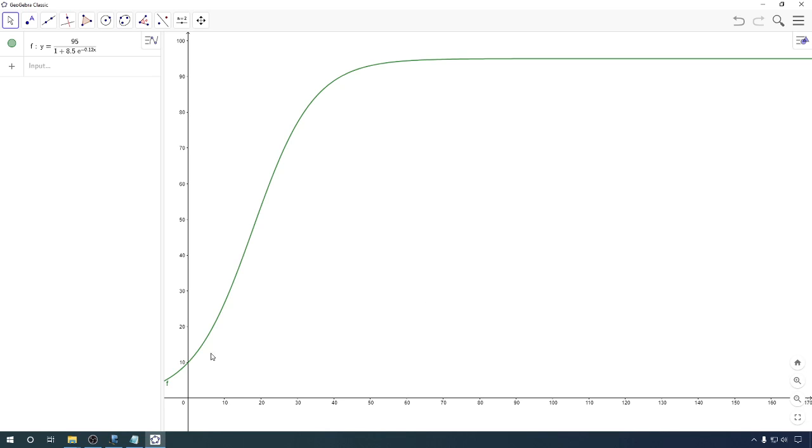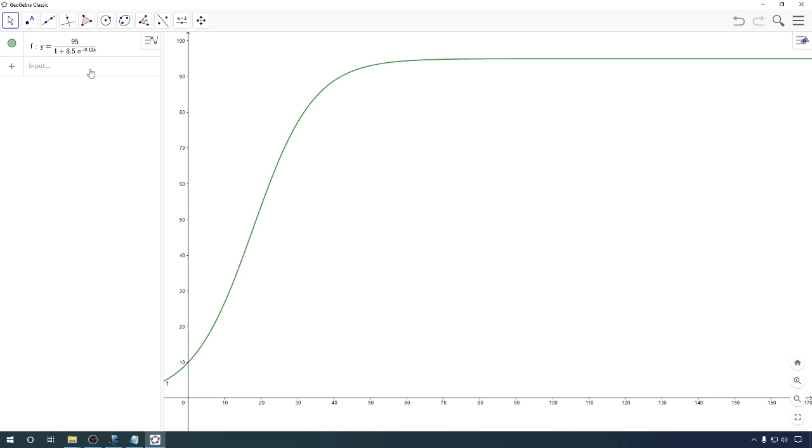So this is what our problem is doing. It's starting off here at 10, I guess 10 words per minute. And then over time it starts going exponential, but then eventually you approach your maximum possible speed at typing.